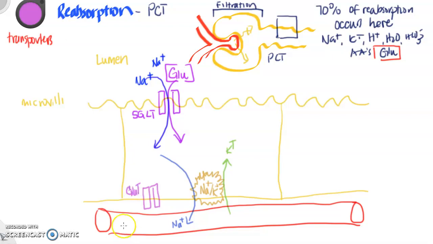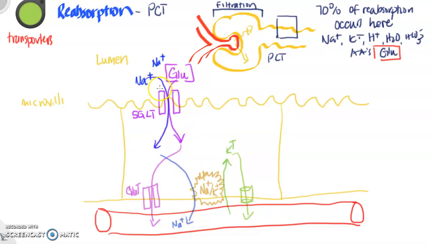And we've seen that before as well. GLUT allows glucose across into the blood. Potassium, well, we know all about potassium. Potassium's got lots of leaky channels, so it's just going to go right back out. No big deal. So we're moving sodium and glucose through into the blood.